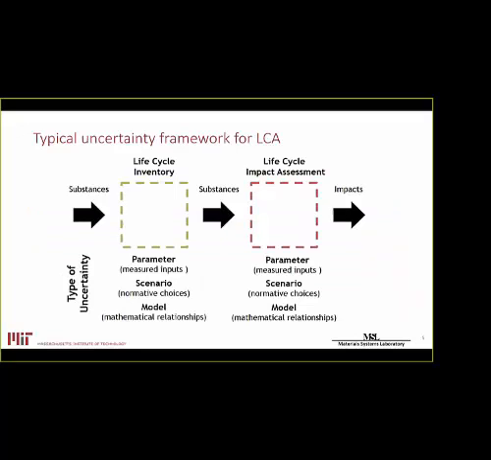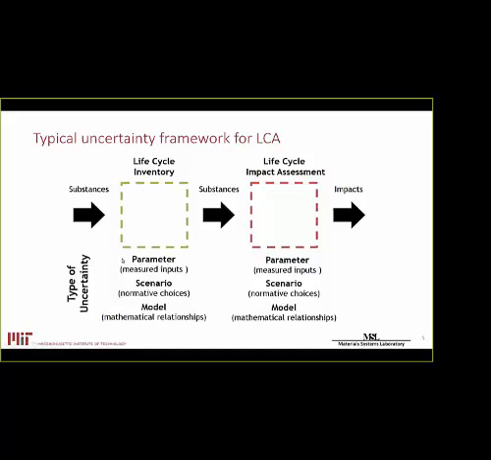So the typical framework that you see for life cycle assessment, and this is going back 20 some years or so, is that basically for the two major components of a life cycle assessment, you have your life cycle inventory, and then you have your life cycle impact assessment.